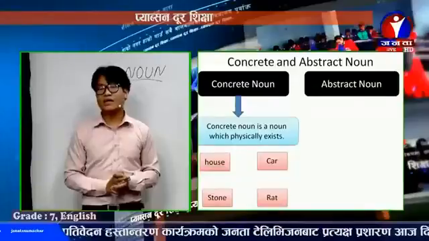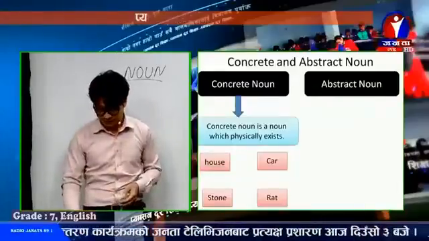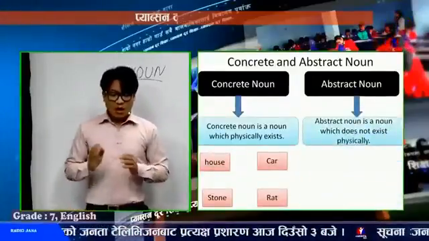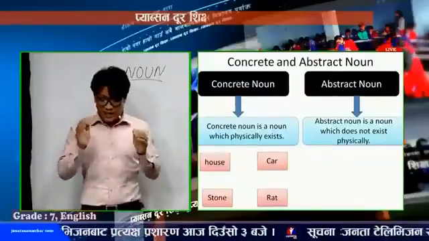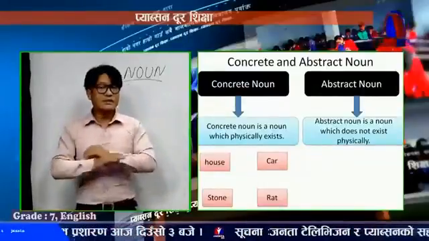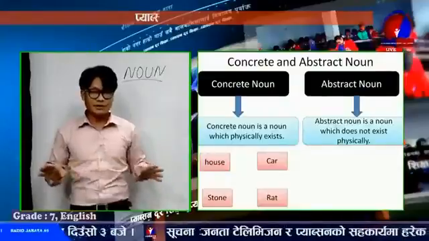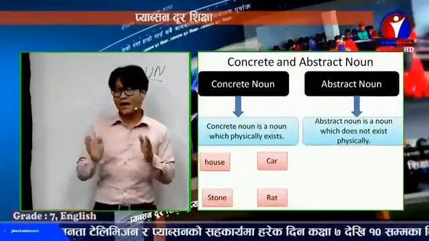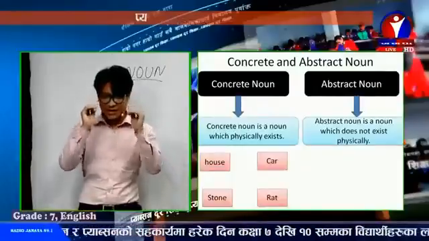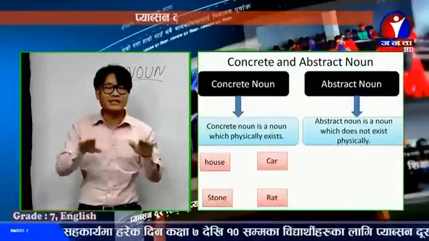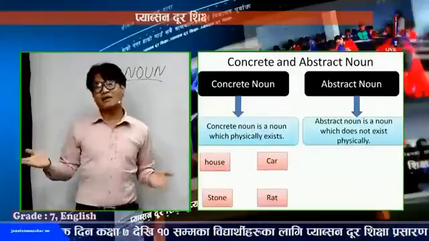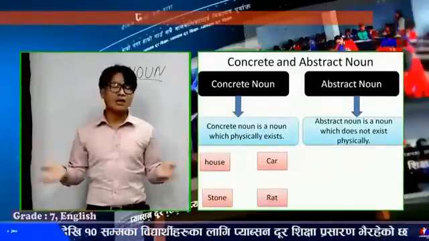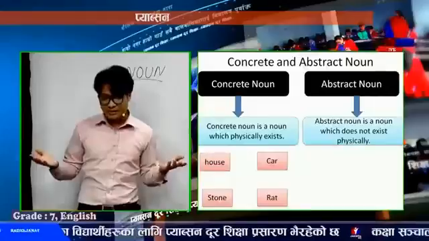But what is an abstract noun? An abstract noun is a noun which does not exist physically. Once again, an abstract noun is a noun which does not exist physically. What are the nouns which do not exist physically?